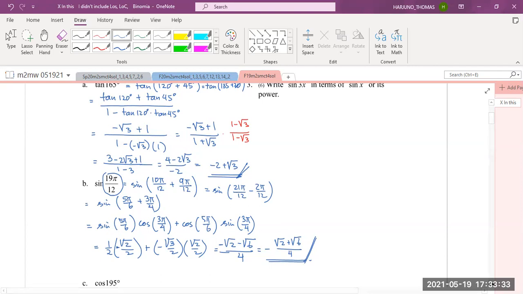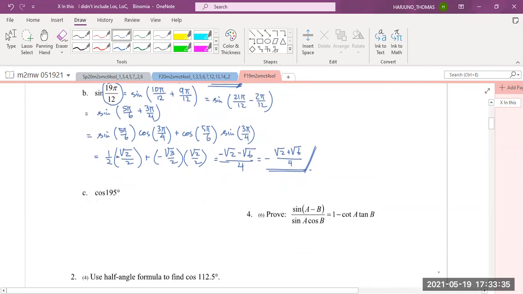Okay. Now, how about cosine 195 degrees? This is quadrant 3, 15 degrees after 180.